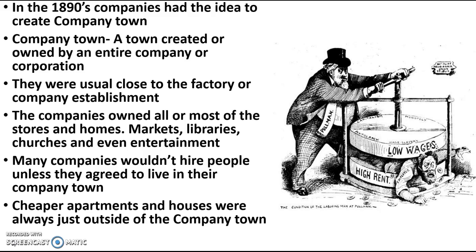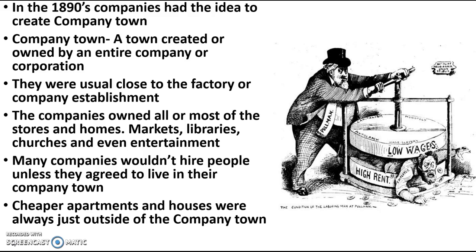Now, the thing is, the companies realized, you know what? We have all these people who are working for us. Why give them the option to live away from us? So in some of them, not all of them, but a lot of these companies made it mandatory that if you work for us, you got to live in one of our houses.